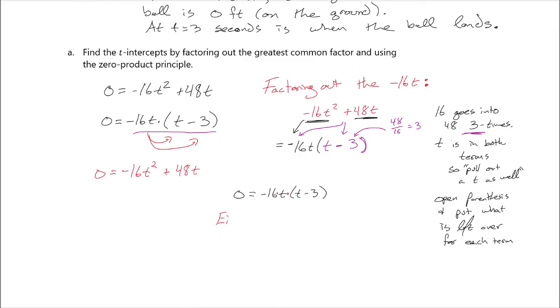So either negative 16 equals 0, which it doesn't, or t equals 0, or t minus 3 equals 0. So t equals 0 is good. That's one of the numbers that we'd come up with before. And for the second one, if I just add 3 to both sides, I get t equals 3.